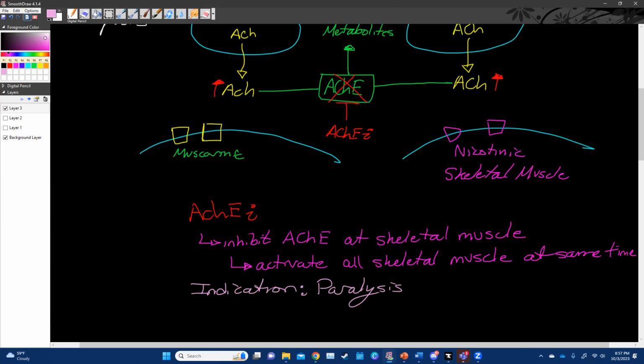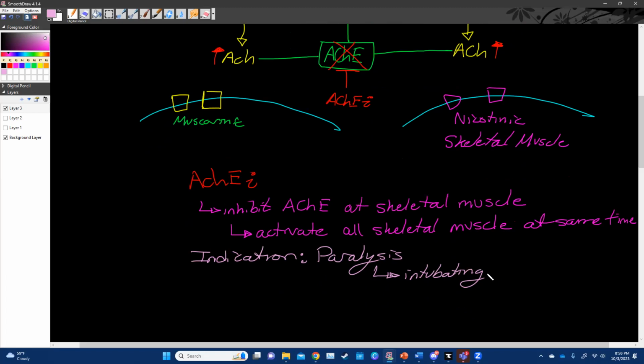So, for example, we're going to be intubating the patient. So we're going to be putting the tube down their throat in order to do mechanical ventilation.